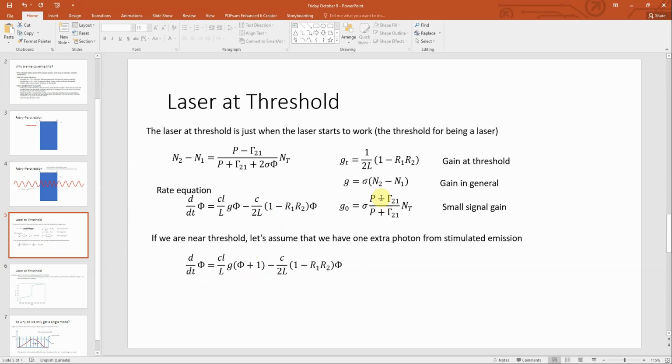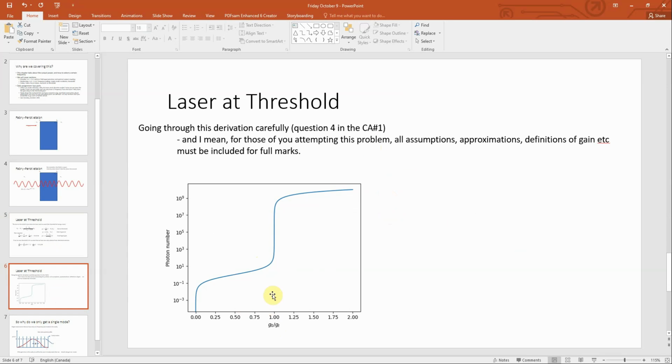If you remember, the threshold gain is going to be dependent on the cavity losses, where the small signal gain is going to be depending on our pumping and our spontaneous decay. So as we're pumping harder and harder, just as we reach this threshold gain, you see the number of photons just jumps by many, many orders of magnitude, something like 6 or 7 orders of magnitude in a tiny change of the pump power.